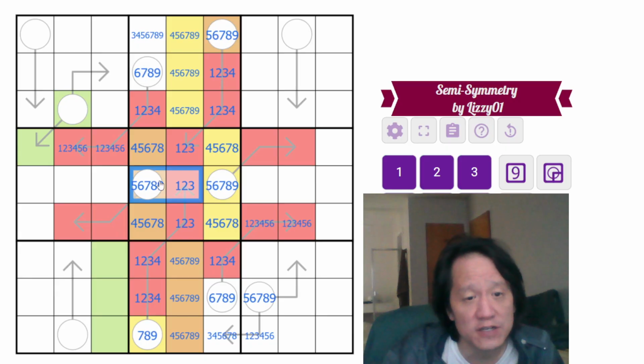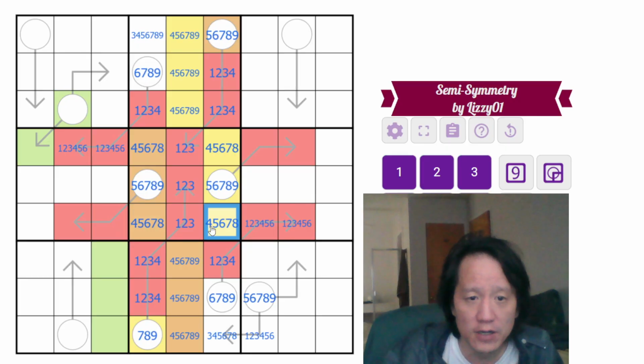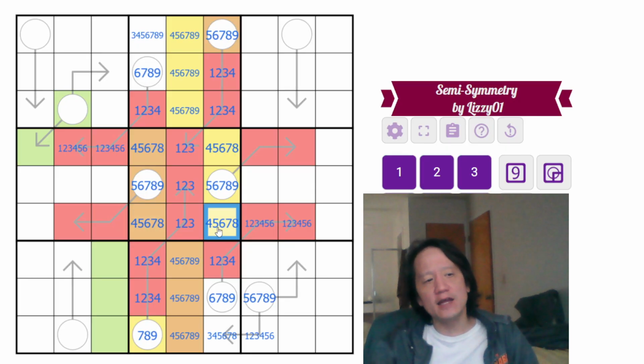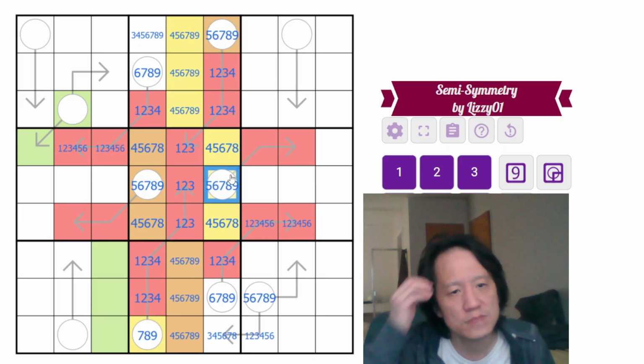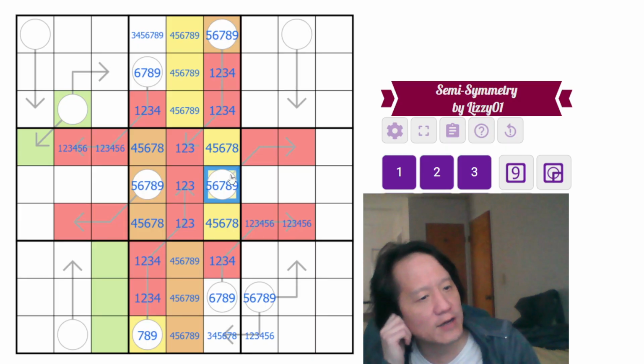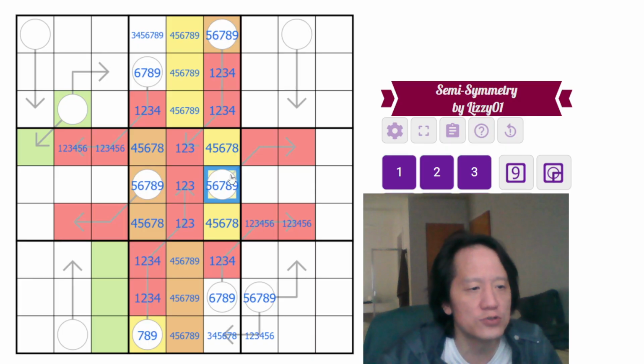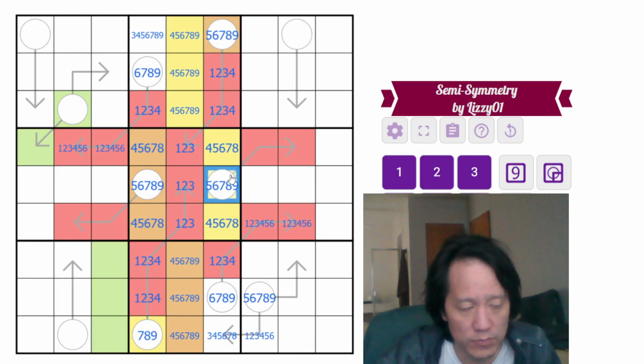This is actually a very interesting puzzle, the way it interacts. What about 8? Can 8 be outside of these two? If you have 8 outside one of those two, that means you lose 2 degrees of freedom to a 6.